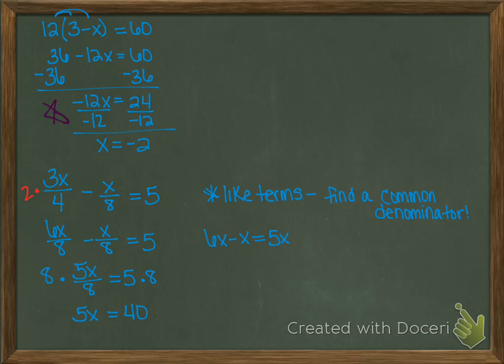And then 5x equals 40. And now I can divide both sides by 5 to get x equals 8. Okay. If you feel maybe this fraction example you're not exactly comfortable with it, make a note, and then in class we'll go over another one of these if necessary.